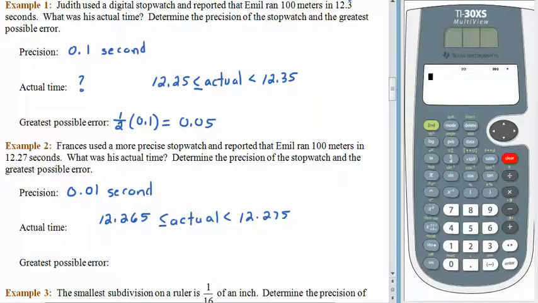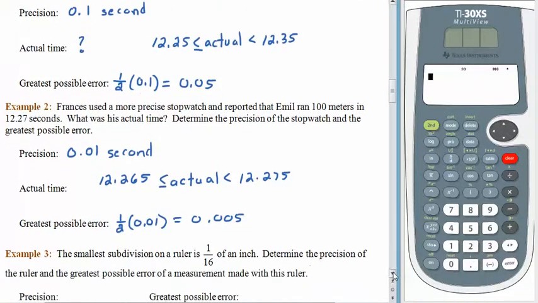Now you can see that this interval here is much tighter than it was before, and that's what being more precise is all about. The greatest possible error is 1/2 of the 1/100th of a second, .005, the distance between the reported value and the farthest value that would round to that number.